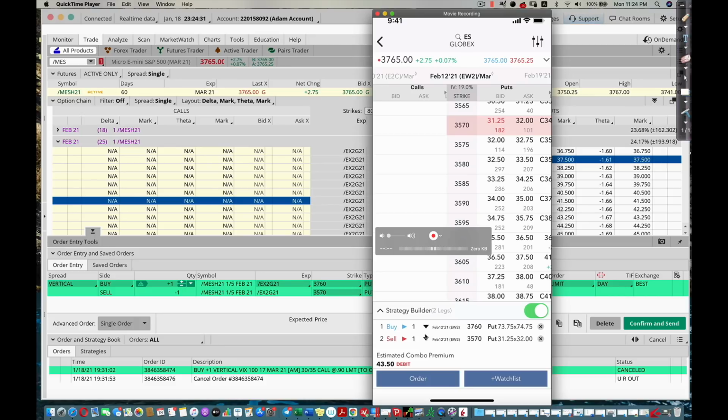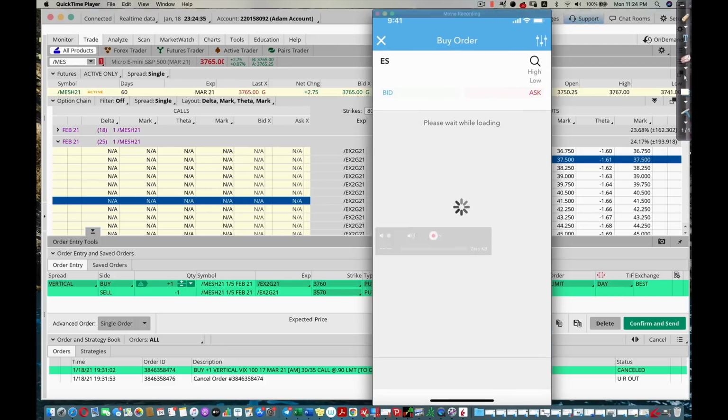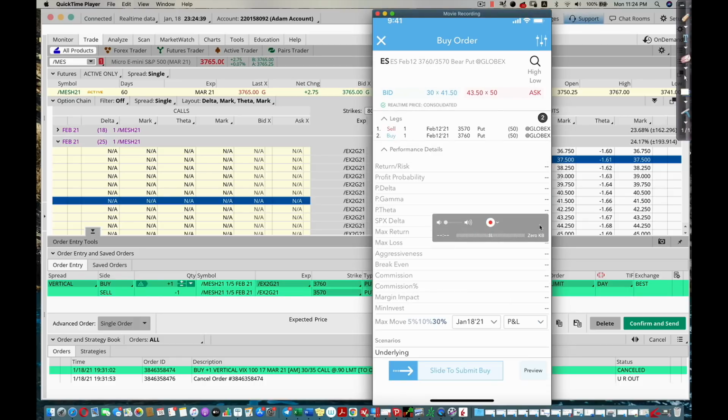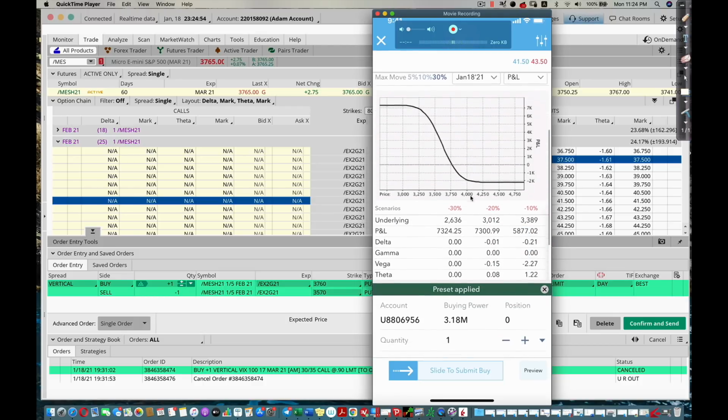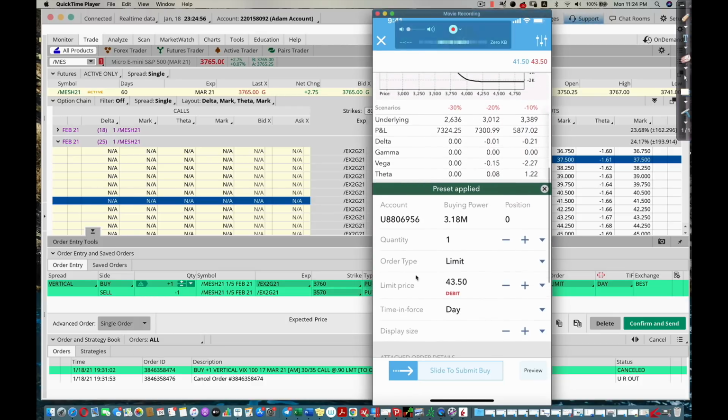Okay, so once we've got the 2 legs, click order. And you've built the order. This is a buy order. So again, double check, we are buying the spread, which is buying the 3760, selling the 3570, and this will cost us, right, 1 contract.